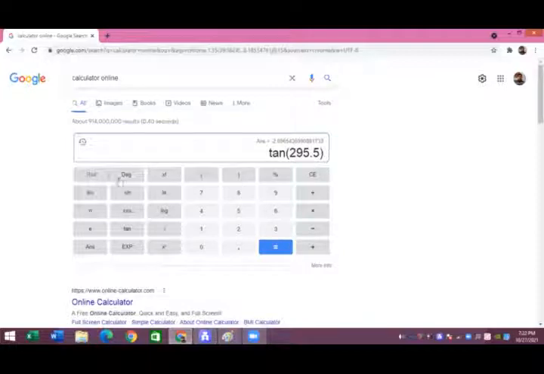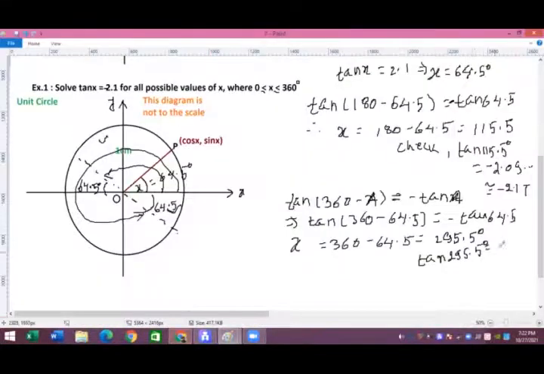Close the bracket and make sure that this is in degree mode, and we saw again that this is close to minus 2.1. That means after rounding off to one decimal place, you will have the value minus 2.1. So this value is also true.